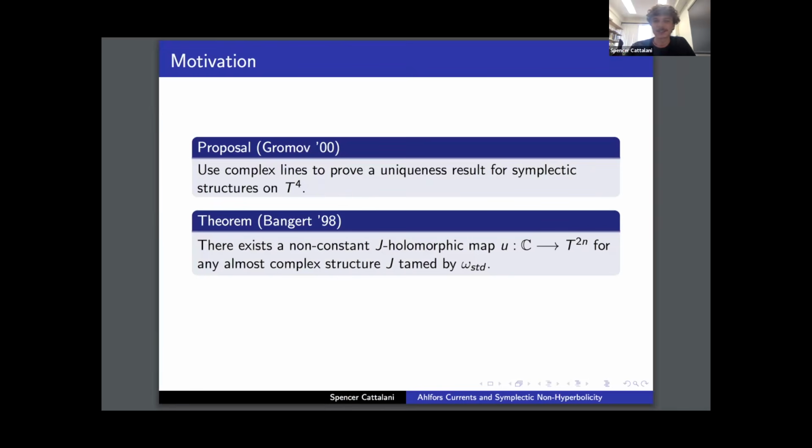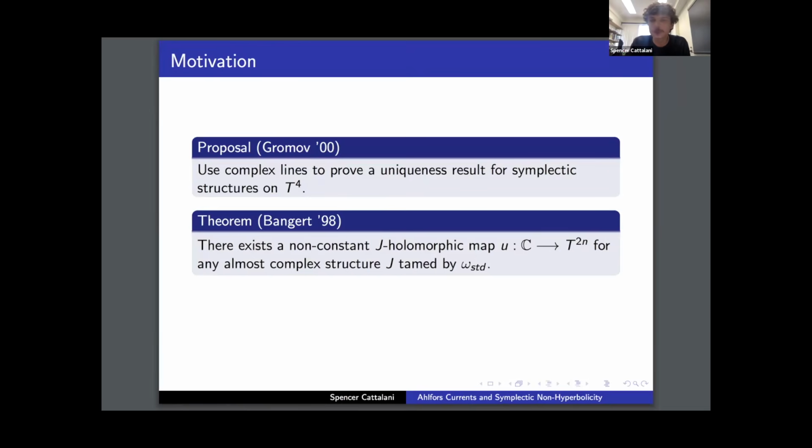In this line, there's a fantastic theorem by Bangert that says if you have a symplectic torus, it always contains, for any tamed J, a complex line.